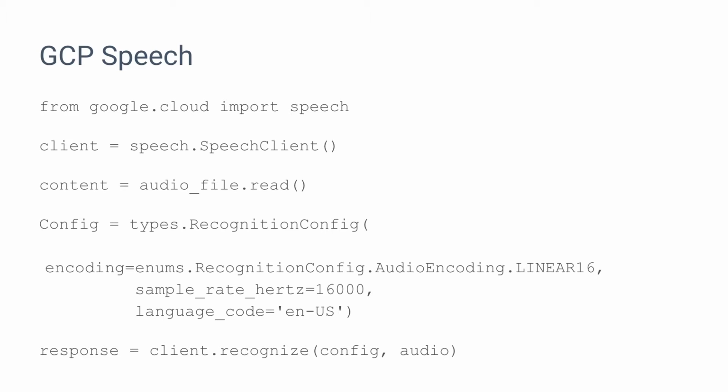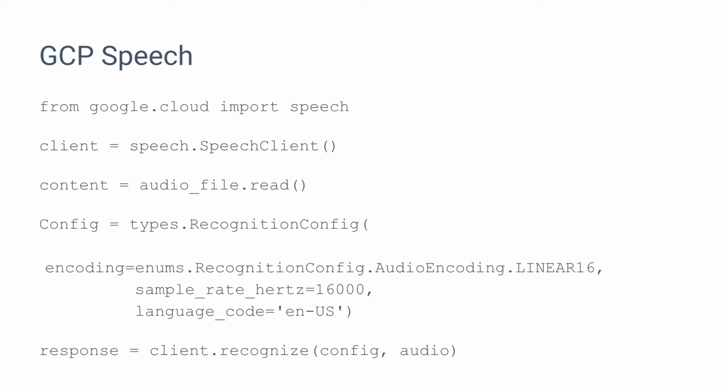Once the SDK is set up, we can write our script that will send an audio file up to GCP for processing. The API itself is pretty simple. We basically import the speech package from the google.cloud module, create a speech client, read in our audio file, set the parameters of that audio file, and then send the audio file to GCP for a response.